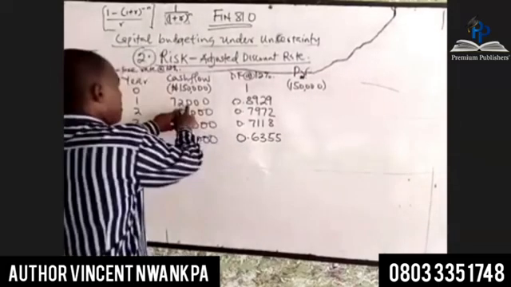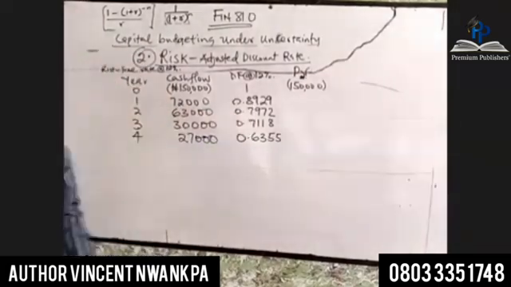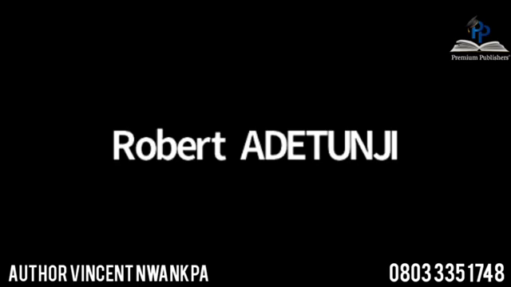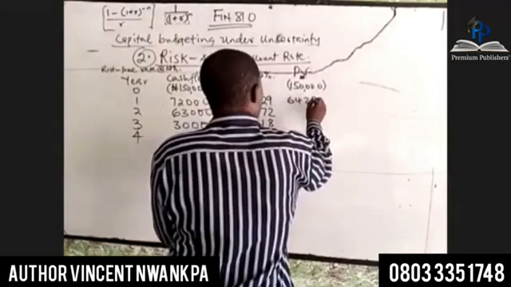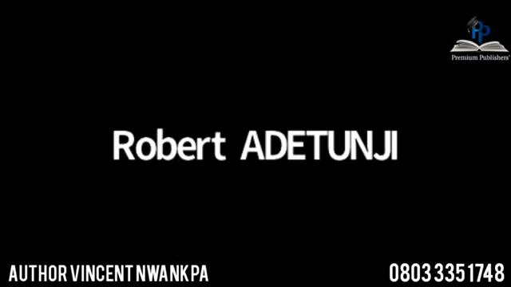So this times this. Press the calculator. 72,000 times 0.8929 is 64,289, approximately.